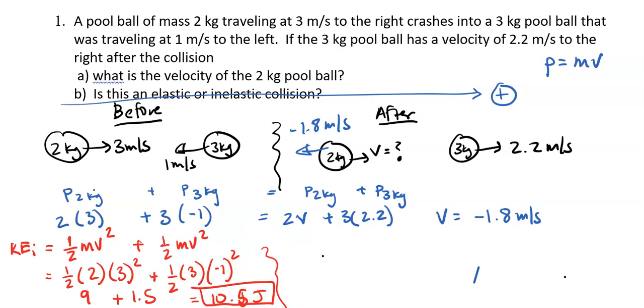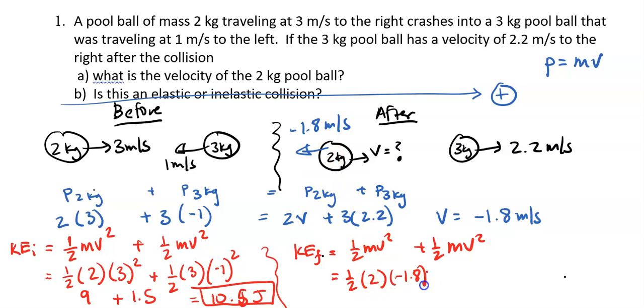Okay, so let's go ahead and do the other side. KE final. So same idea, we have two separate objects. So we'll just add the KE of both of them together. And again, if they were going totally crazy directions, it doesn't really matter with kinetic energy because it just is a scalar. So we have 1/2 mass is 2, velocity of the 2 was negative 1.8 squared, plus 1/2 mass of 3 times 2.2 squared.